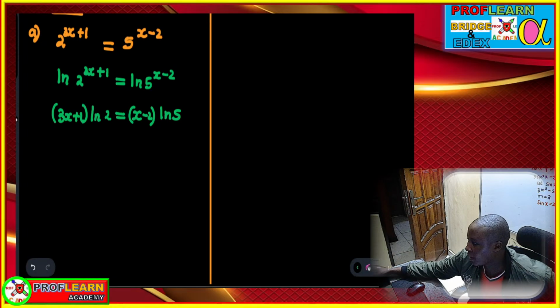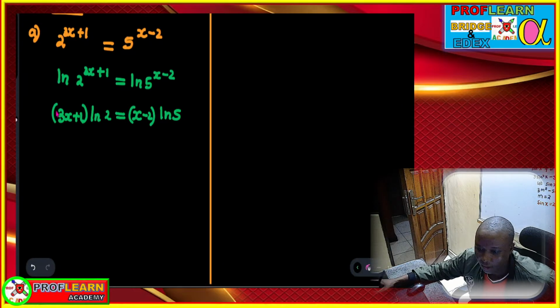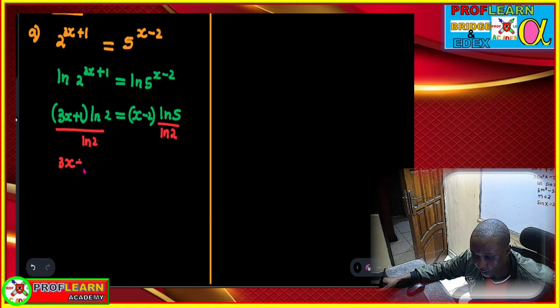In order to simplify this, we divide through by ln of 2, and we have 3x plus 1 is equals to x minus 2 times ln 5 over ln of 2. Of course, if we simplify this part, we are going to get our answer equivalent to 2.32.